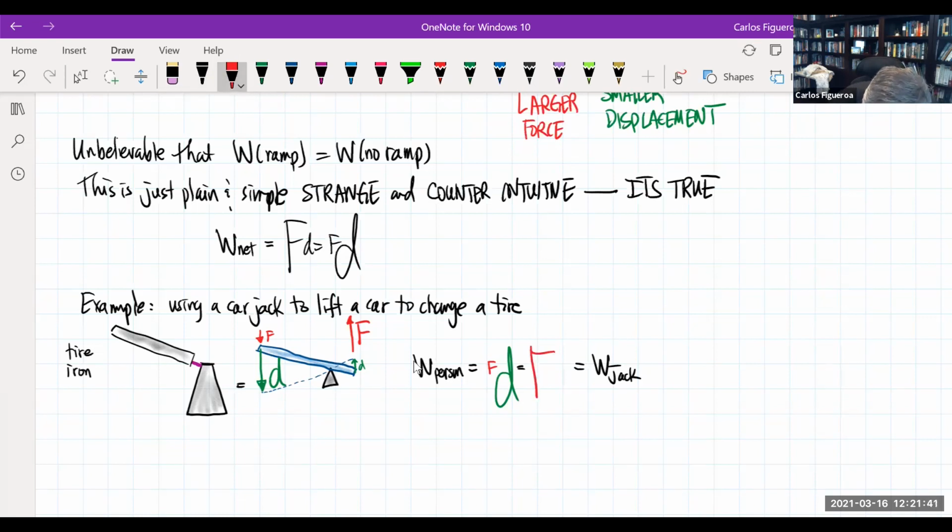It applies a bigger force over a smaller distance. That's why you have to keep jacking up the car a whole bunch of times, because you're moving a very small distance. But that's exactly what this statement is. Even though it seems counterintuitive, it's physically possible and it happens.